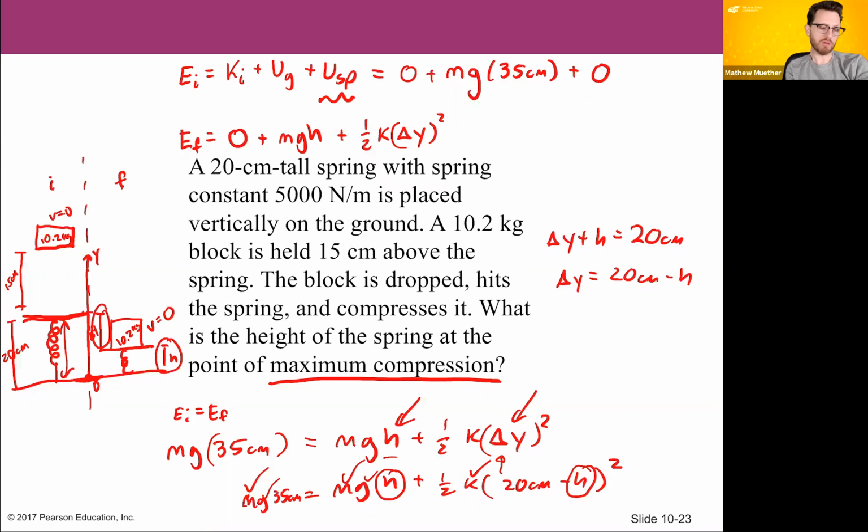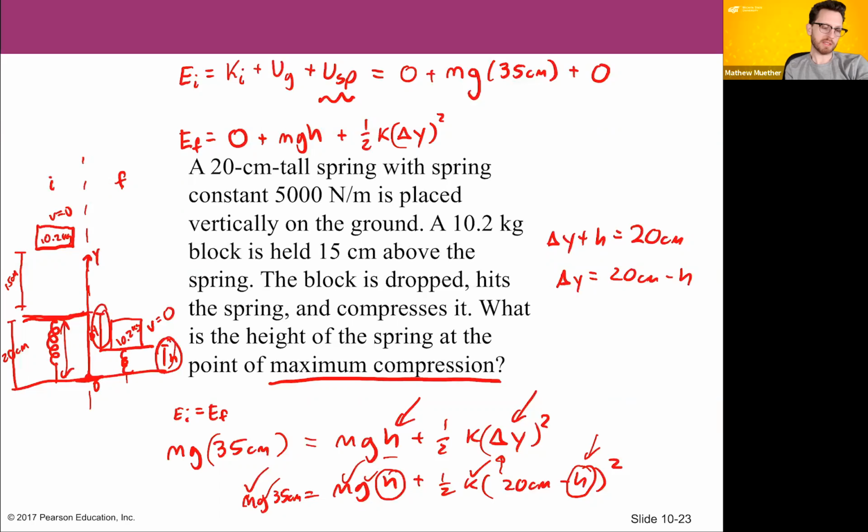How will you know which one to use? Well, you'll end up with a positive h, and you'll also end up with something that's like a negative value of h for if this spring had been either stretched or compressed below the ground. And so that positive value is going to be the one that's physical. Otherwise, you would end up with either the spring stretched or compressed below the ground, which can't be happening here.